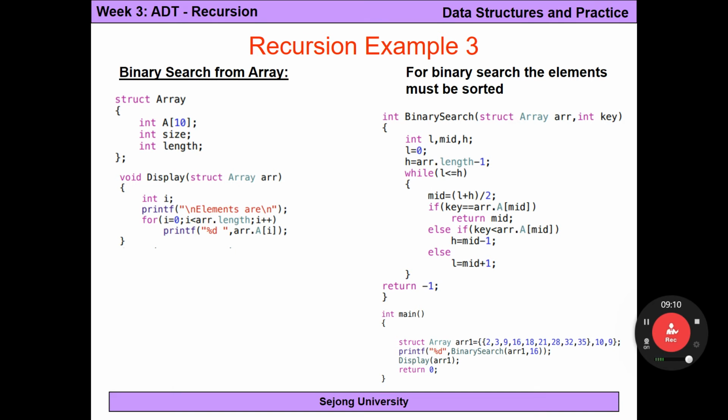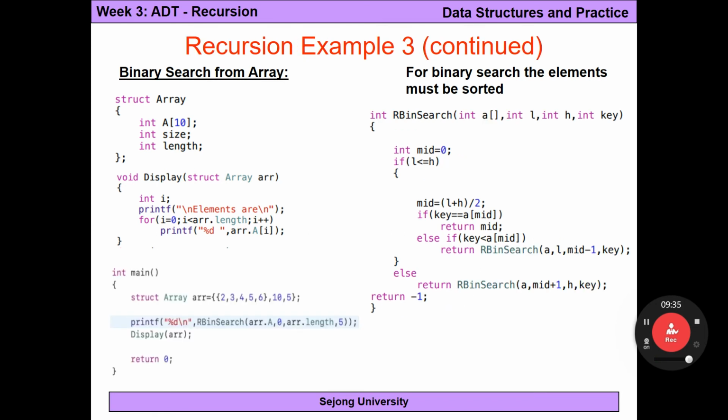So let's discuss another example related to recursion. Before, we have discussed the linear search. Now let's see the binary search. We will solve the binary search problem by using the recursion as well as iterative behavior.